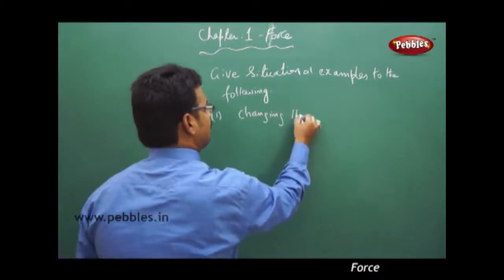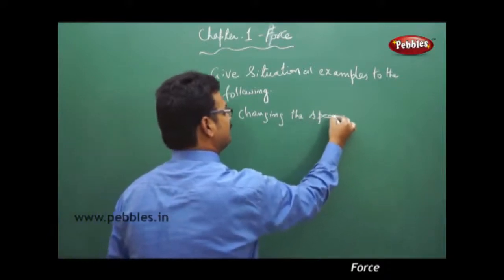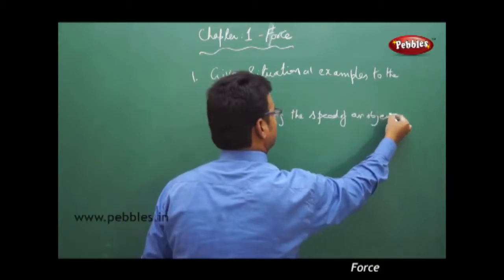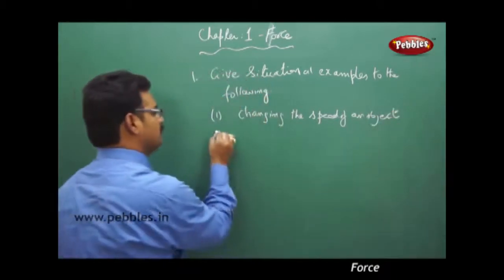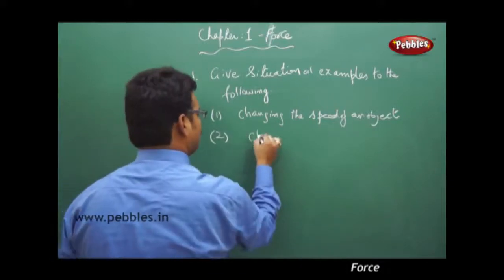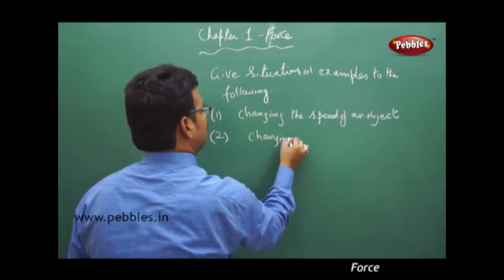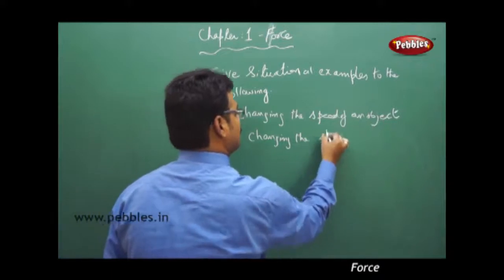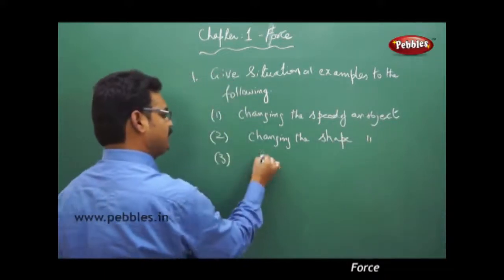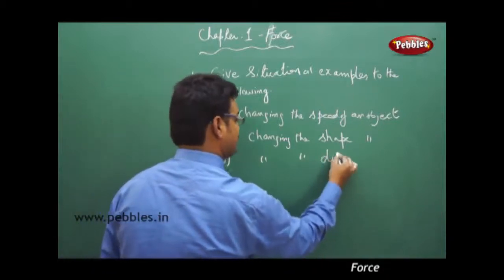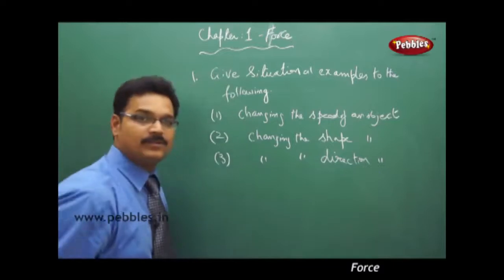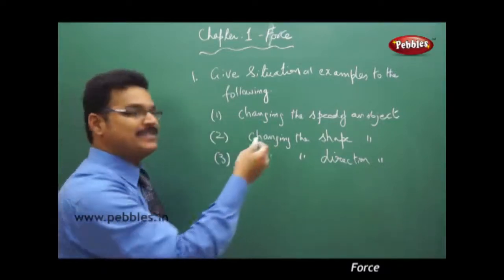Changing the speed of an object. Number 2. Changing the shape of an object. Number 3. Changing the direction of an object. So 3 situations are given. You have to give examples.